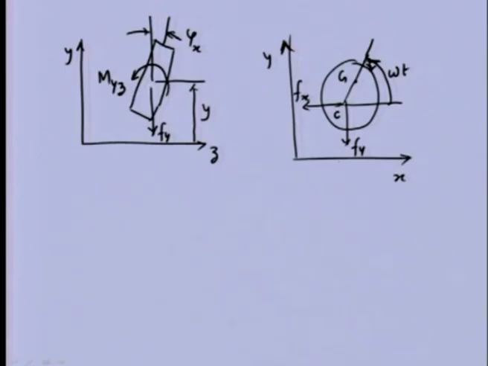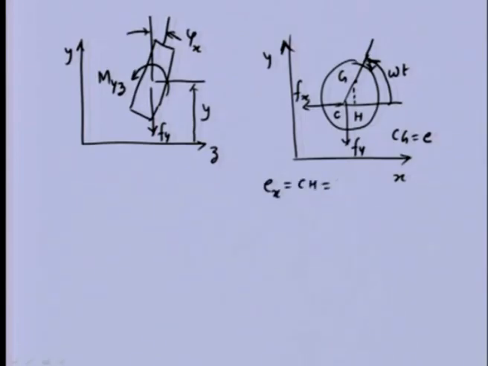Now you can see that the eccentricity, which is defined as CG, has two components. One is in the x direction. If I drop a perpendicular up to here, let us say I refer to that as H, then the component of the eccentricity in the x direction is CH.